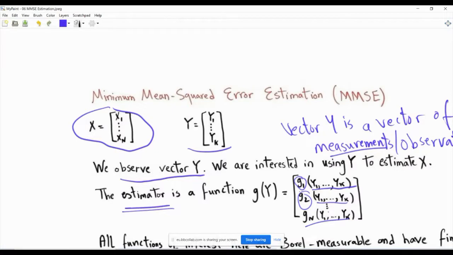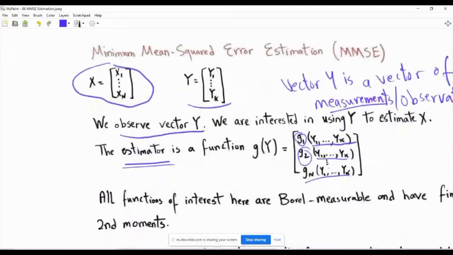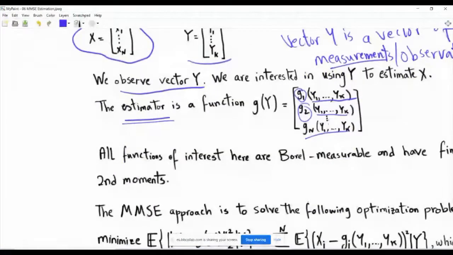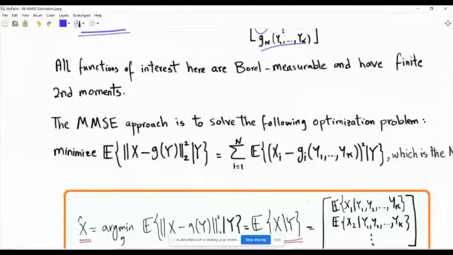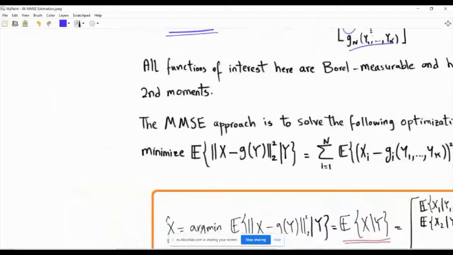Are these arbitrary functions, or do we need to design them to make the estimation good in some way? Minimum mean squared error estimation is this idea in which we will design those functions g1, g2 up to gn to minimize the mean squared error. Okay, so this is the idea.